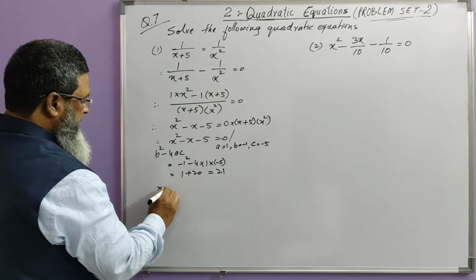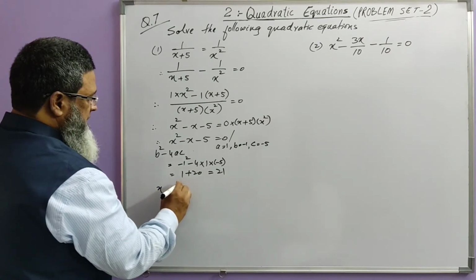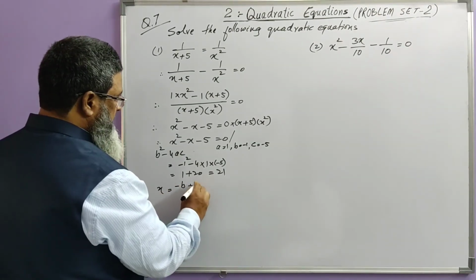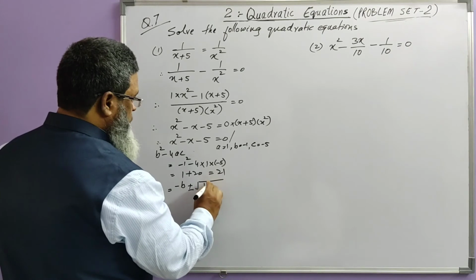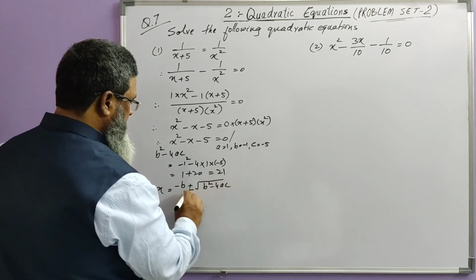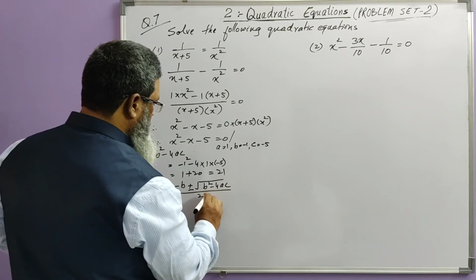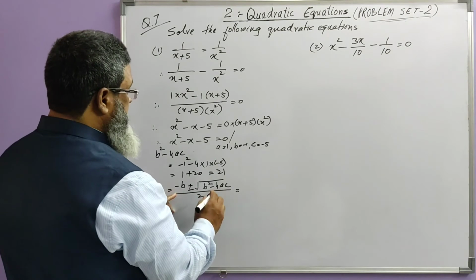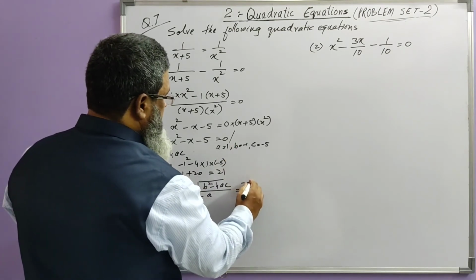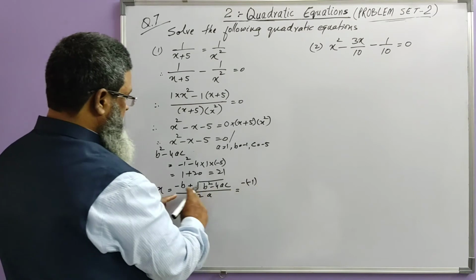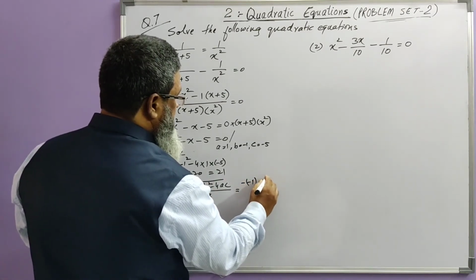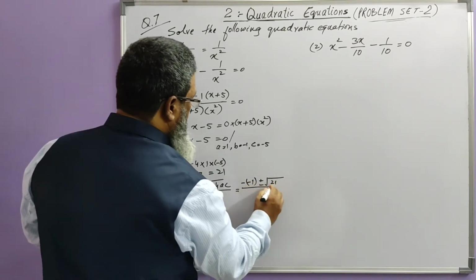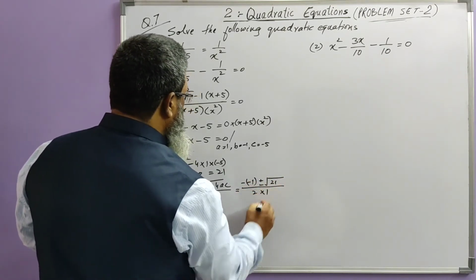What is the formula? X is equal to minus b plus minus root b square minus 4ac upon 2a. Then you will get minus b, minus is minus minus 1, double minus. Minus b plus minus, b square minus 4ac is 21, upon 2 into a is 1.